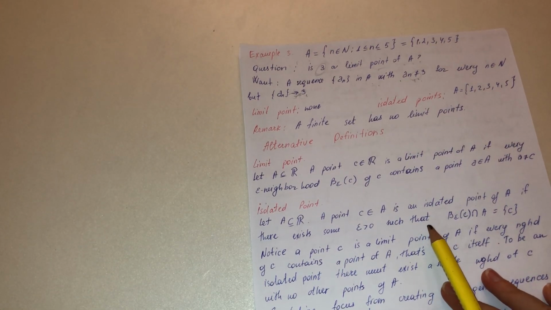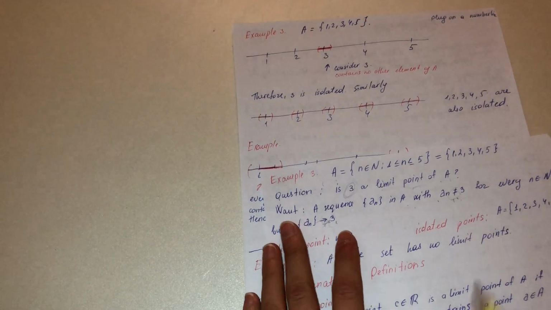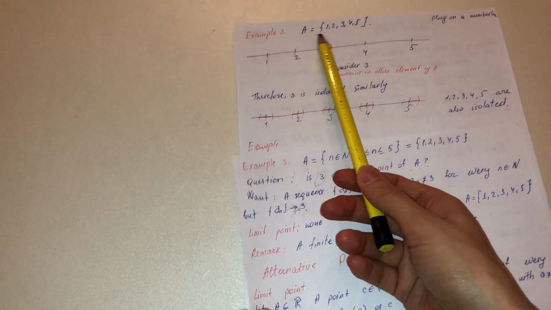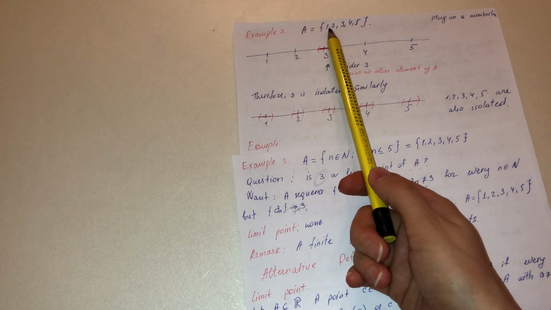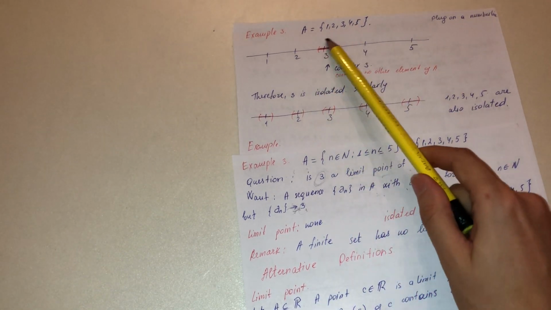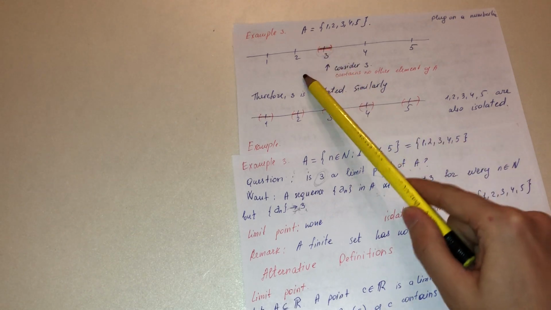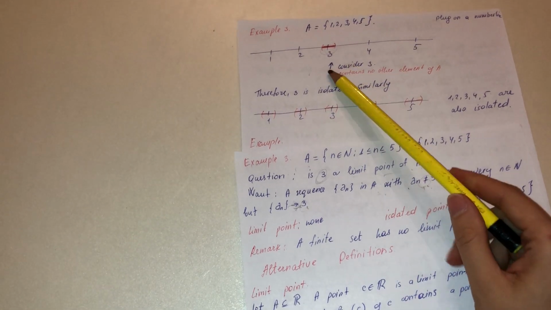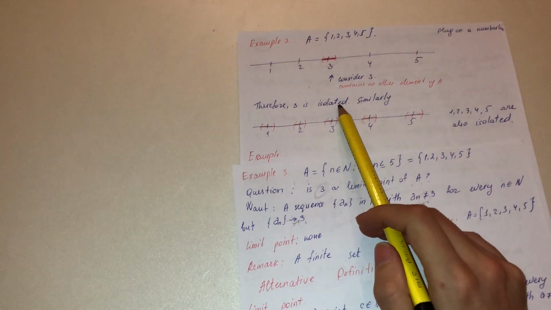Let's look at our solution. So our set consists of elements from 1 to 5, and we consider 3 as our limit point. Let's look, is it true or false?